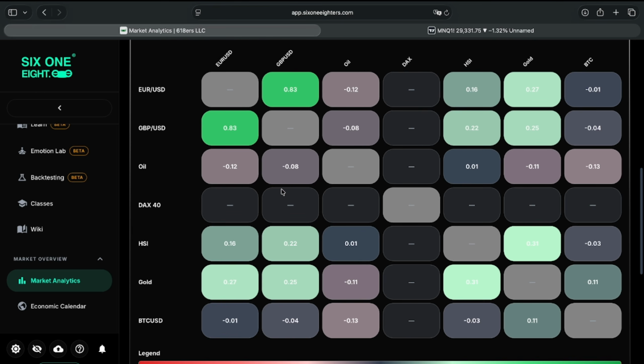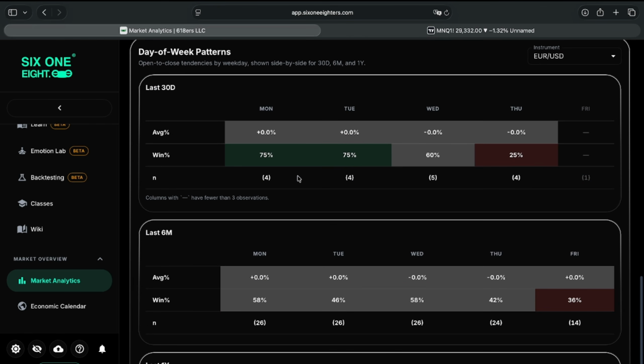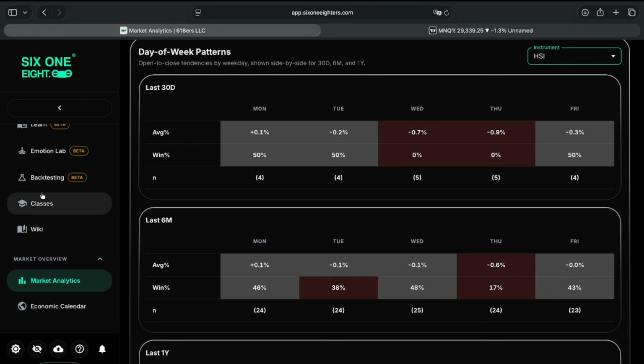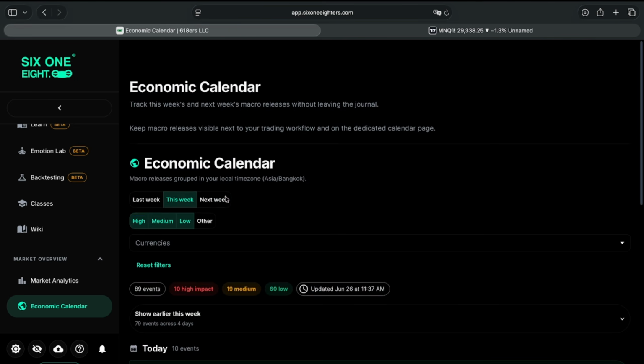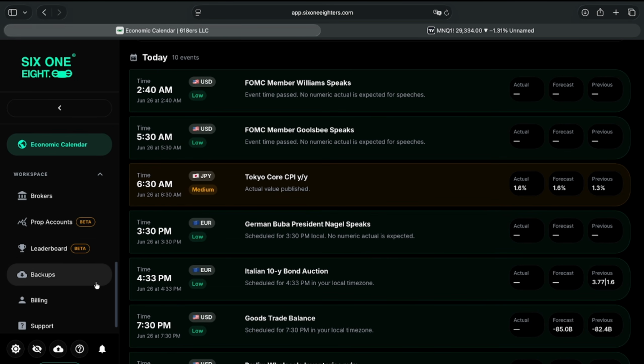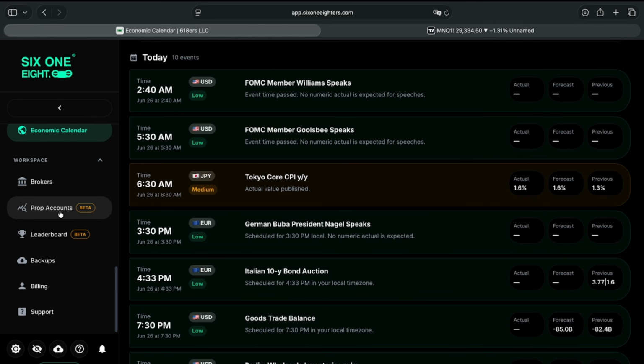Let's see, are they correlated? For example, EUR/USD over the last 30 days, 3 out of 4 times it went up, or it went down, or whatever happened. So you have a lot of data on this, and we can also always look at the economic calendar. And this is basically it.